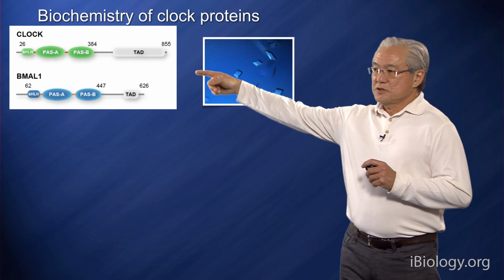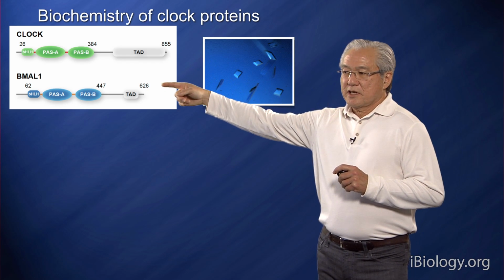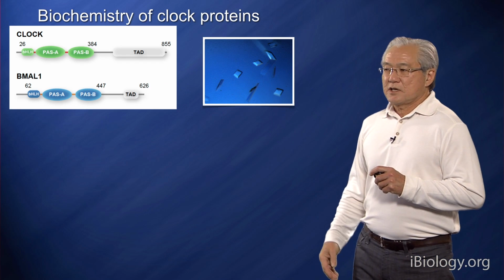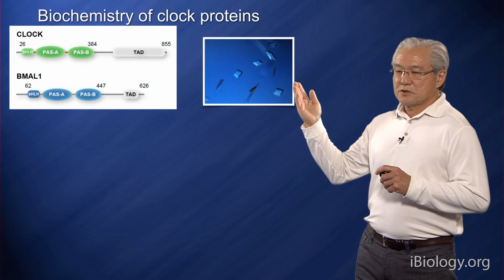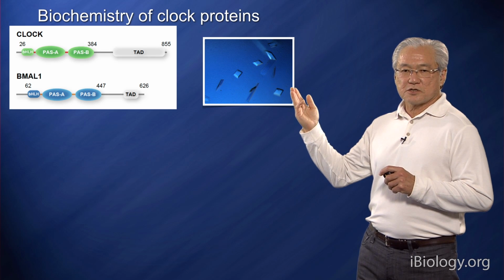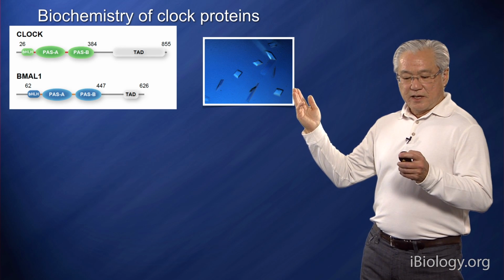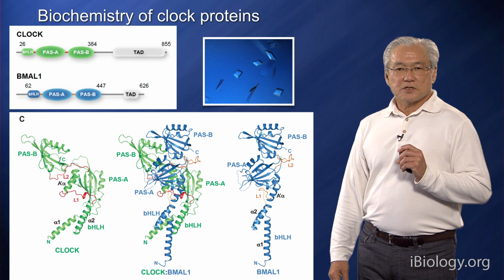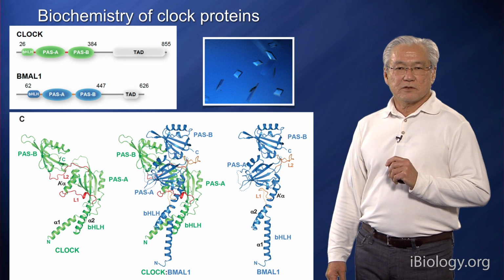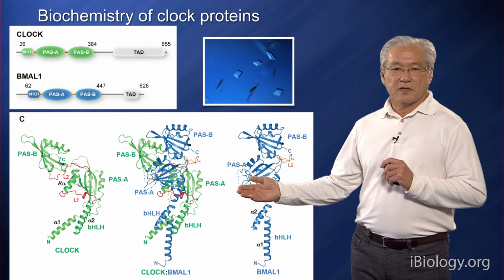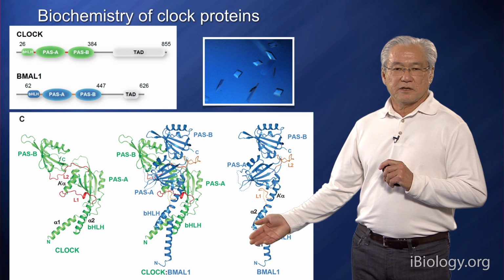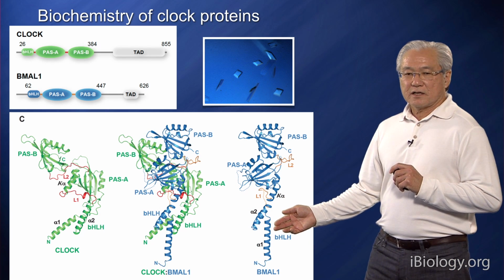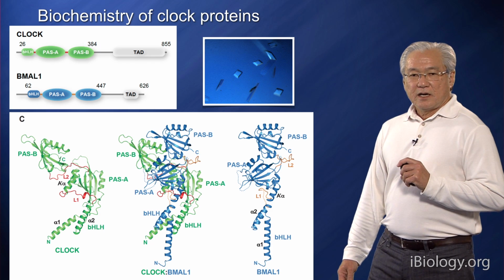We were able to express truncated forms of both CLOCK and BMAL1 to high levels that were able to produce crystals, such as these shown here. Using this method, we were able to determine the X-ray crystal structure of the CLOCK-BMAL1 complex, which is shown here on the right, BMAL1 in blue and CLOCK in green.